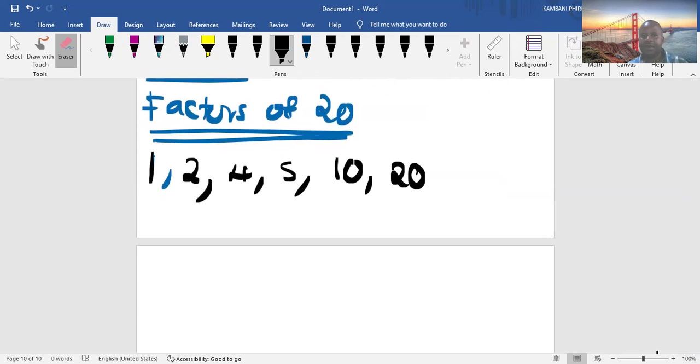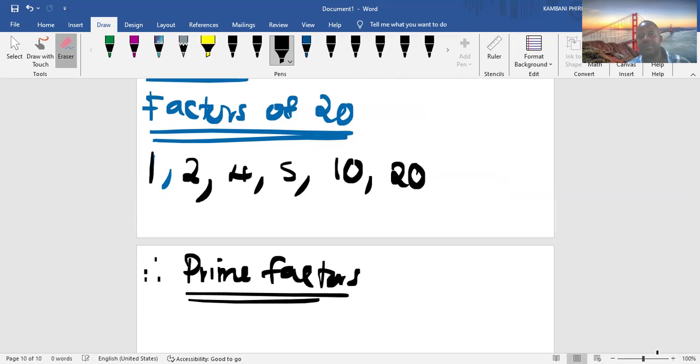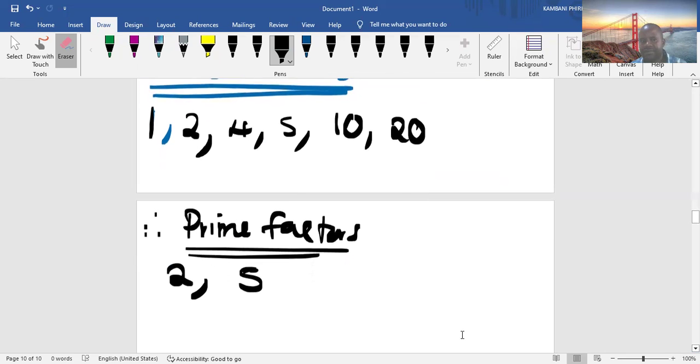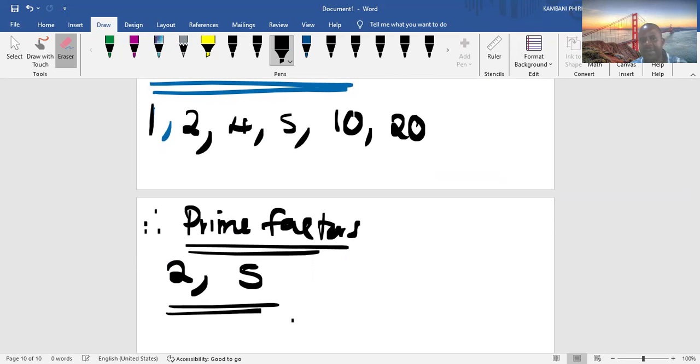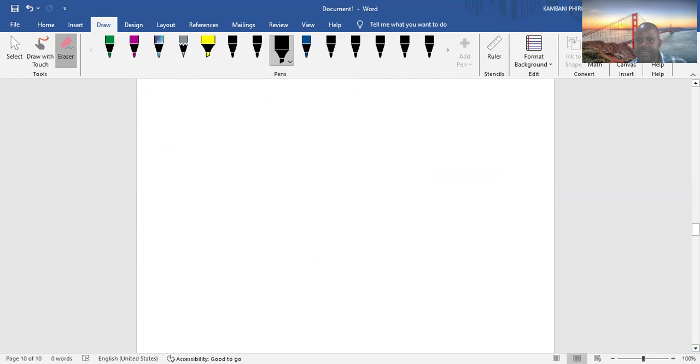Now from here, we identify, so say therefore, prime factors now. So from here now, we pick the prime numbers. And these are 2 and 5. These are the prime factors of 20 actually.